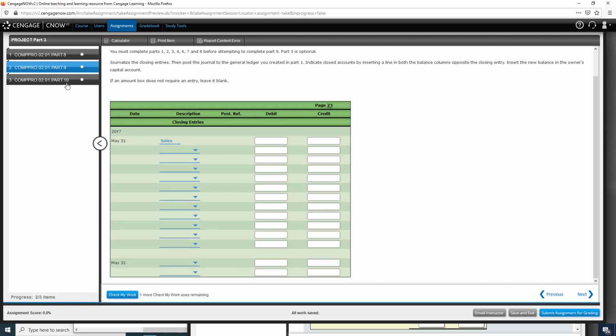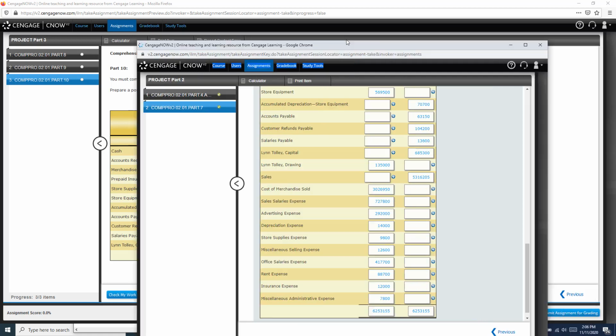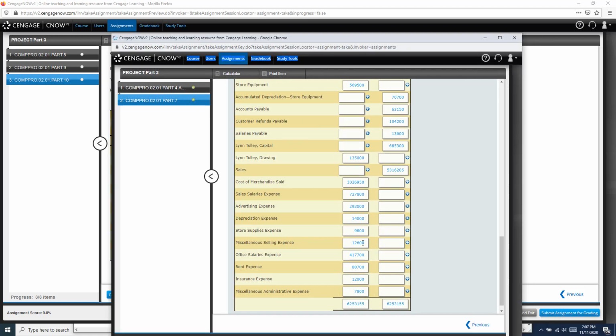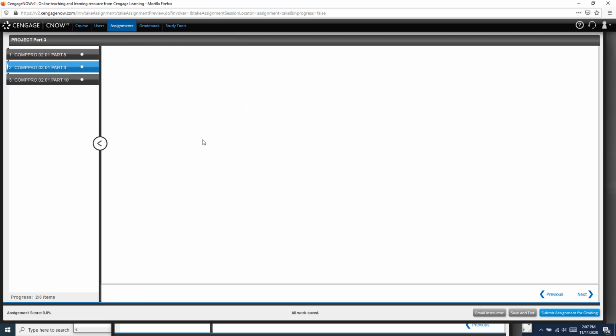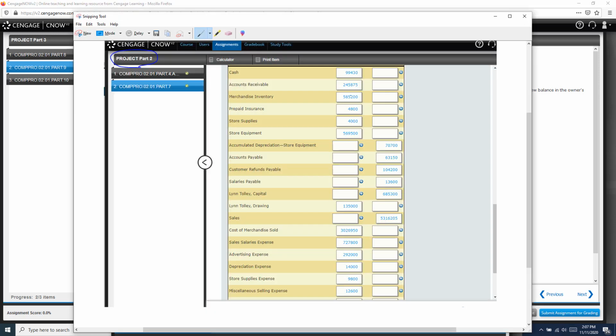So we have to do the last part, which is the post-closing trial balance, meaning that it's these adjusted trial balance, all of these accounts and balances, they may be impacted by the closing entries that you just did. These closing entries. So sales, whatever you have here, it's going to impact the balance of sales. Where's sales? It's going to impact this balance here.